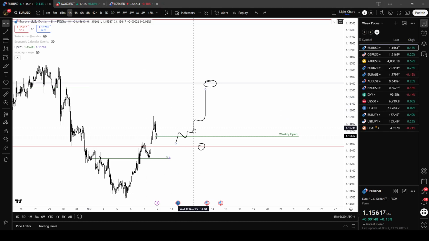Also, I think that the Fed is going to start buying a lot of short-term bonds on December 1st. That will make the yields tank, especially on the front end. Those drive the dollar. So if short-term yields go lower, the dollar goes lower with them. And the government shutdown is going to end.